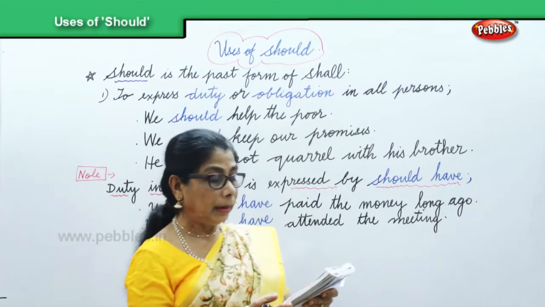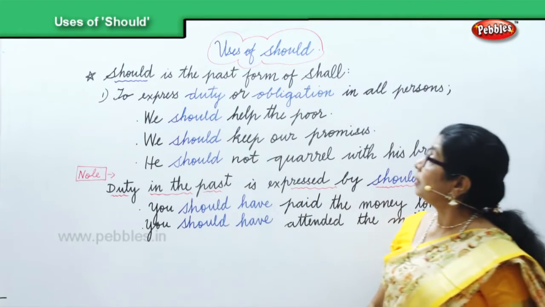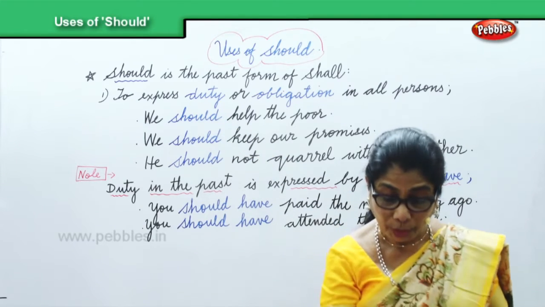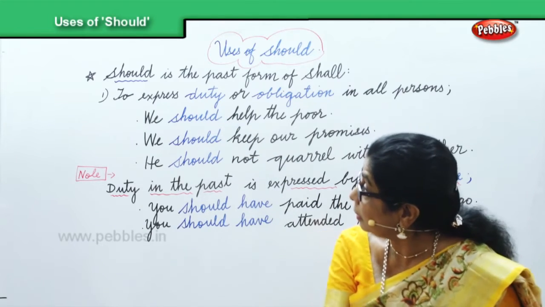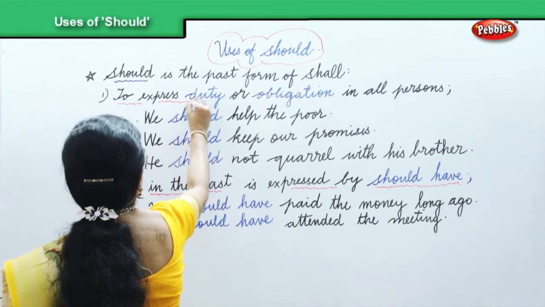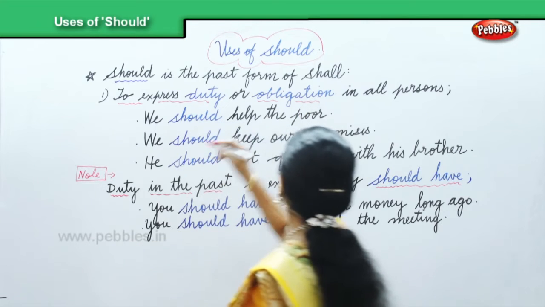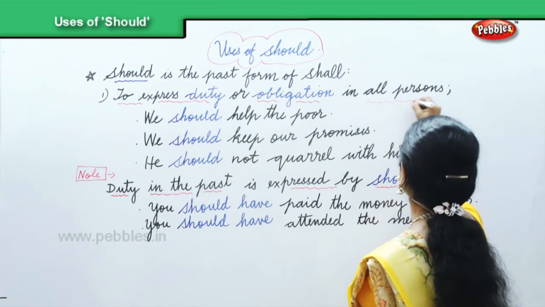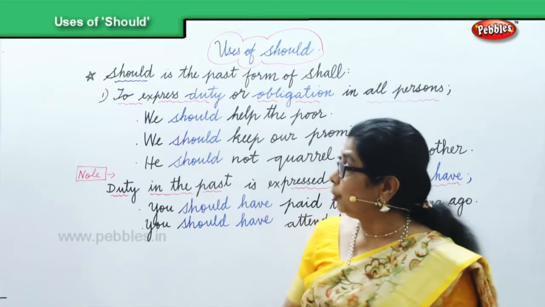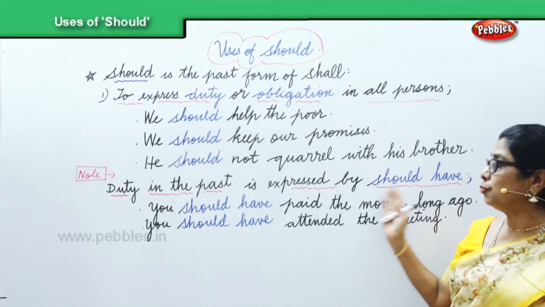Then we have done the first: should, the past form of shall, is used to express duty or obligation in all persons. And sometimes duty in the past is expressed by should have.